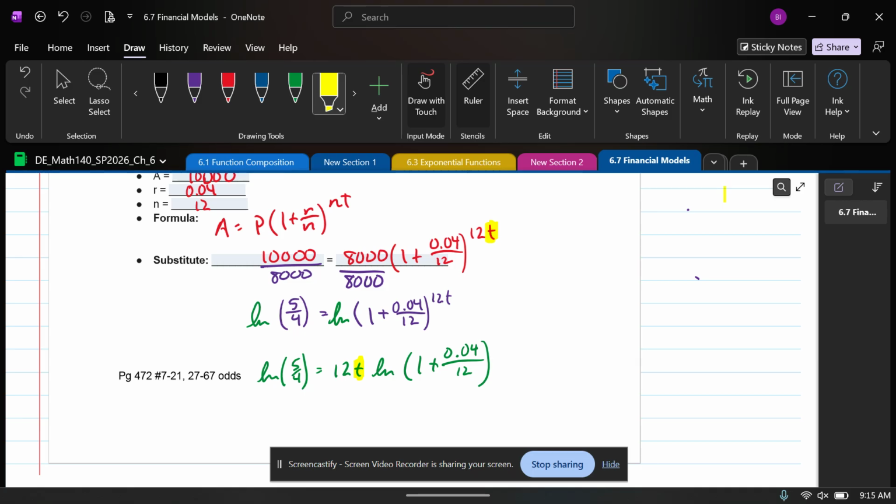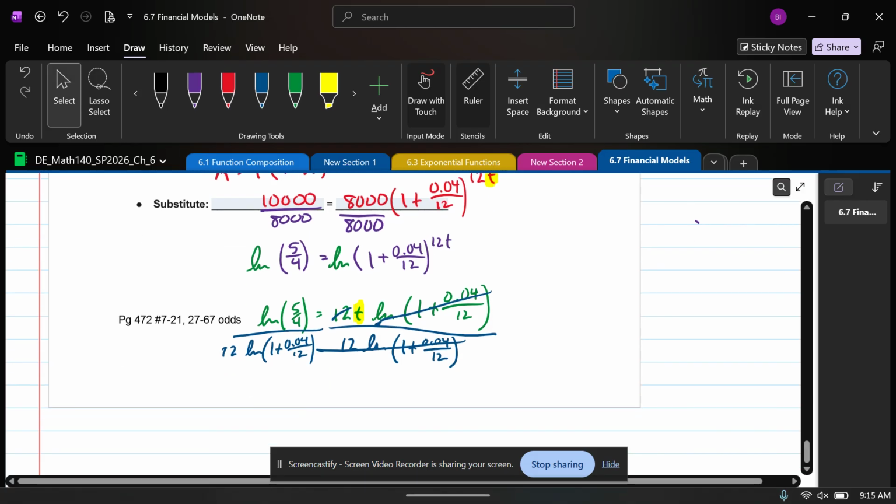So if I want to leave t there, all I have to do is undo this multiplication with the 12 and the natural log. So I'm just going to divide by the natural log and the 12. So 12 natural log of 1 plus 0.04 divided by 12. All of that stuff over there is going to cancel out except for the t, which is what we want.